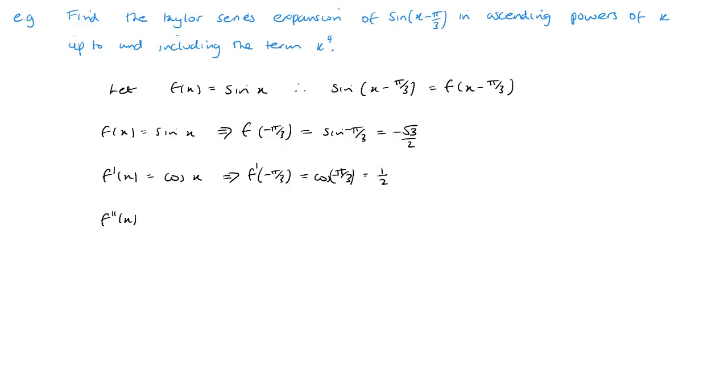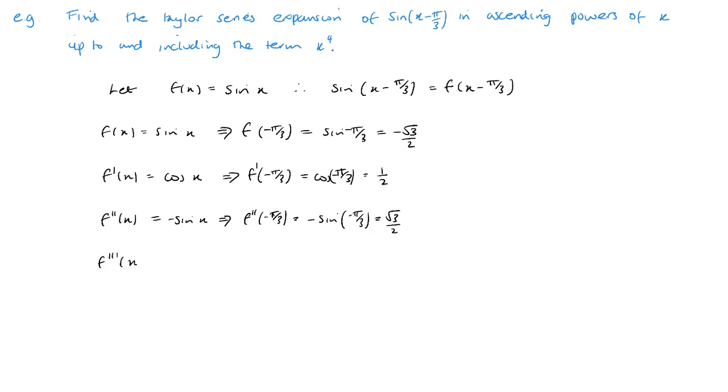And then differentiate a second time. Cos differentiates to minus sine. So f double dash of minus pi by 3 is going to be minus sine of minus pi by 3, which is going to be root 3 over 2.